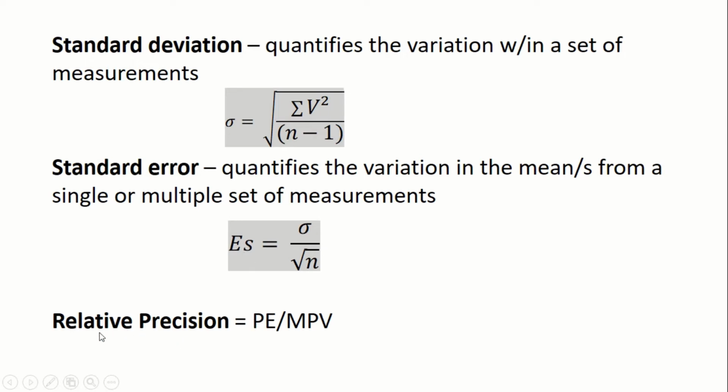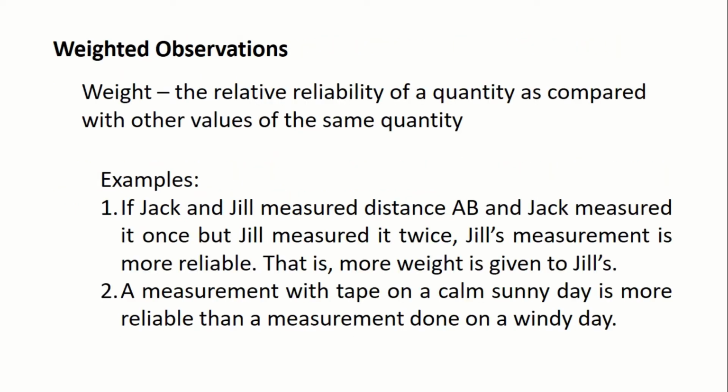So, minsan, kailangan nating ilagay sa ating mga surveys ang relative precision ng ating survey para malaman nila na ganito pala siya ka-accurate or ka-precise yung kanyang survey. So, ito lang, probable error divided by the MPV. Nakukuha na natin.